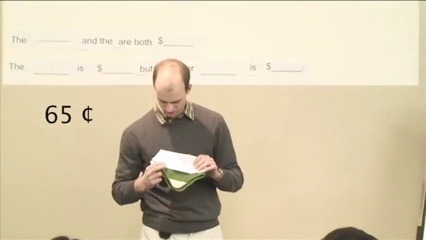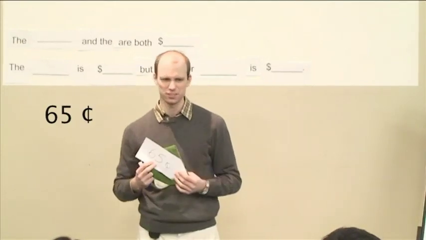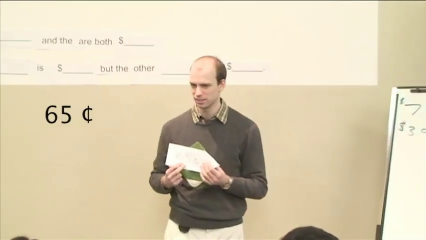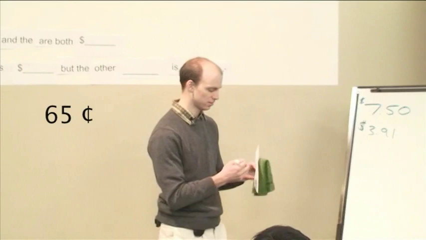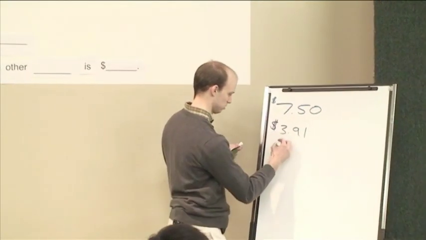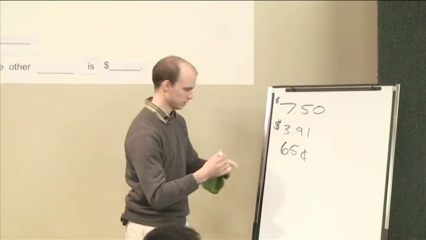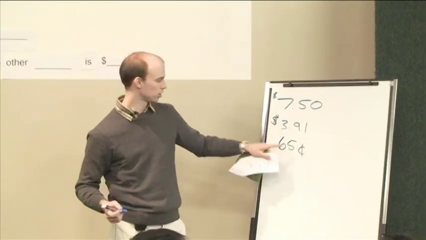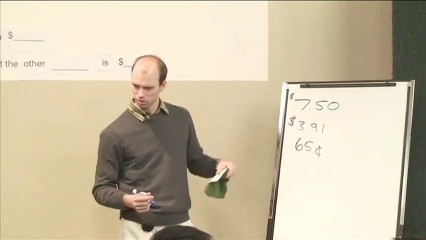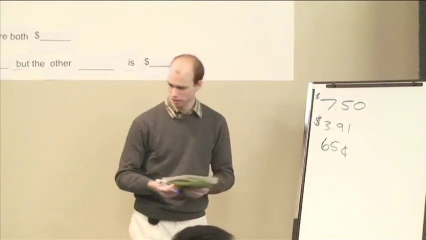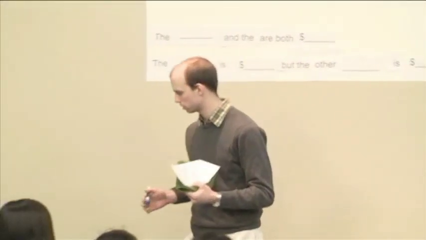Yes. Why? It says 65. 65 is more than one, right? 65 cents. Oh, 65 cents. So I guess a cent is smaller than a dollar. Is that right? Okay. So I can buy this with my dollar.